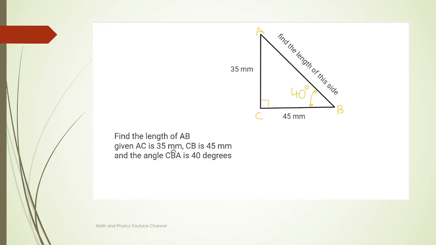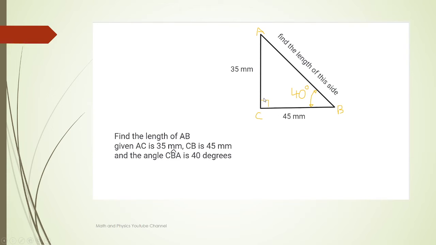So here we have the right angle triangle. You would draw the triangle ABC. You would put in this right angle symbol, this yellow symbol, at C to indicate it's a right angle triangle. Then you would label the triangle A, B, C.